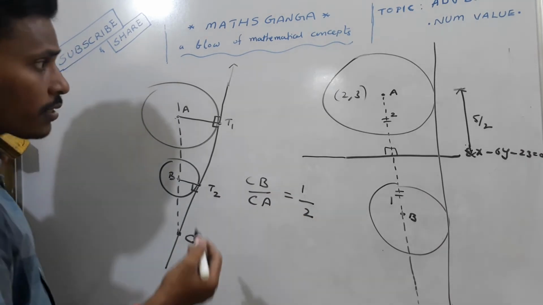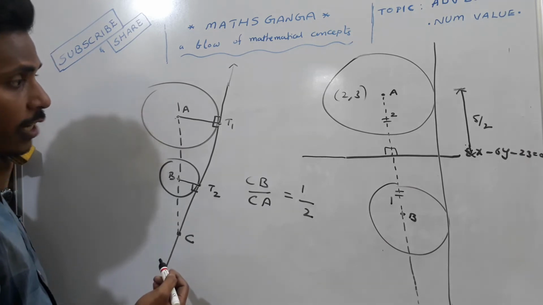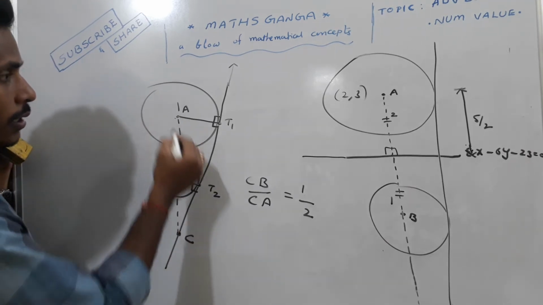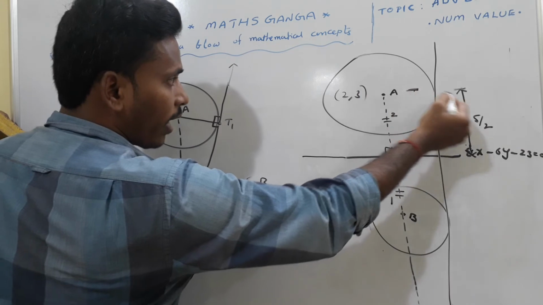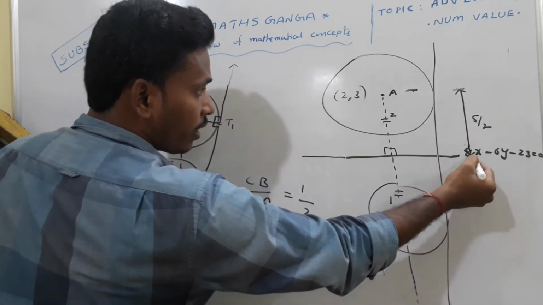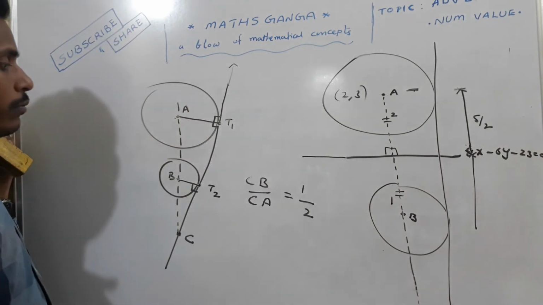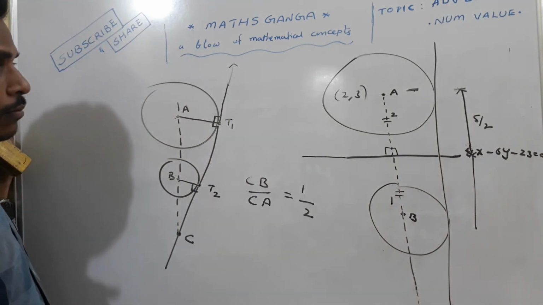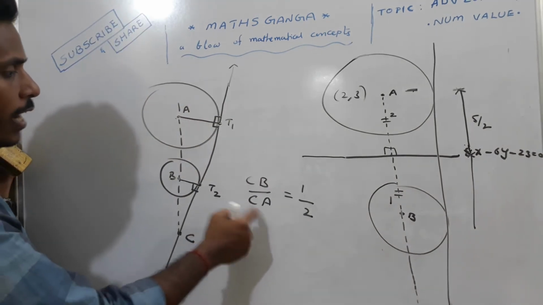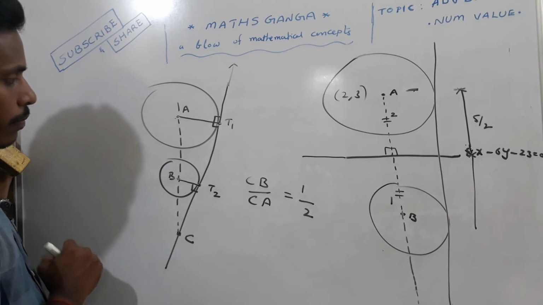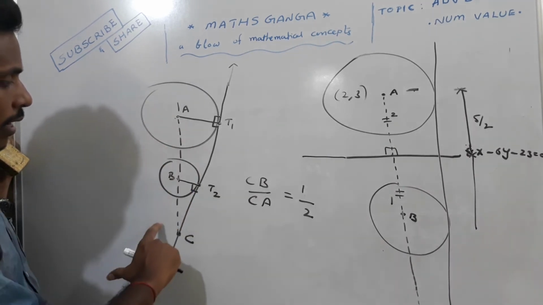And see what we have here actually: the distance from A to the line is 5 by 2. In the same way, the distance from the line to B is also 5 by 2. I need to calculate CA, the total triangle.